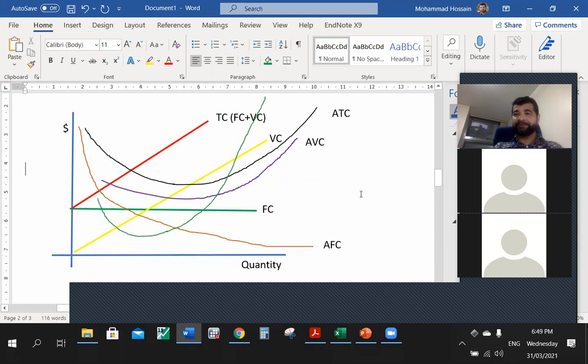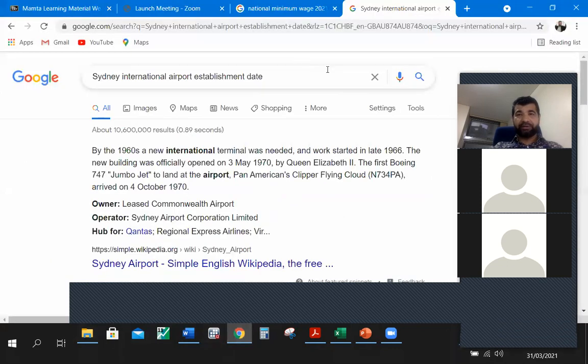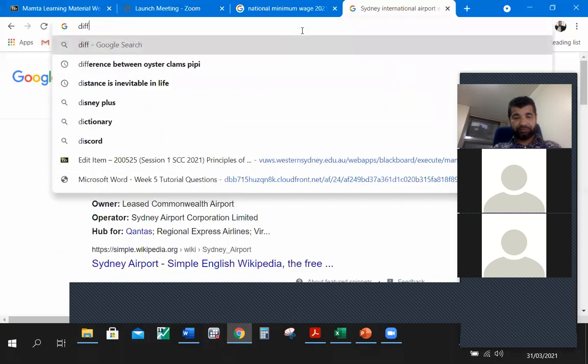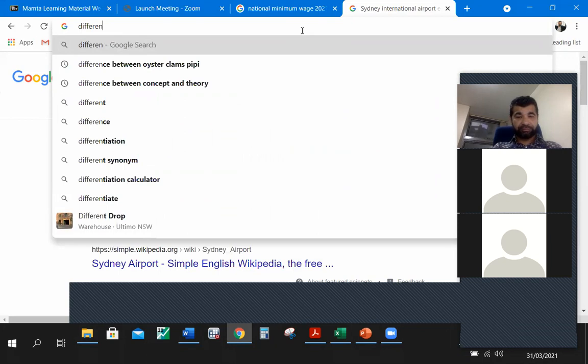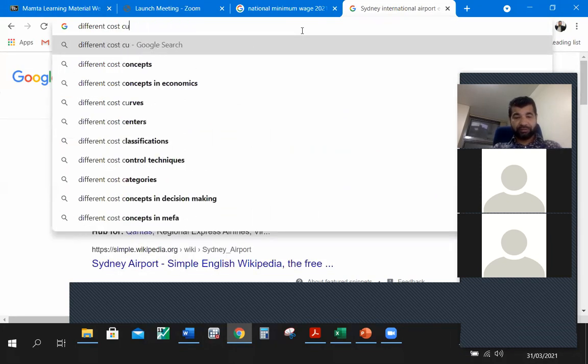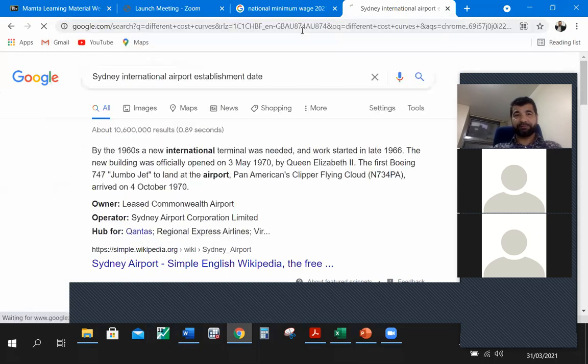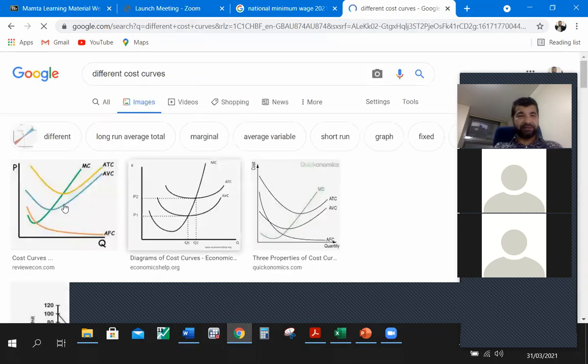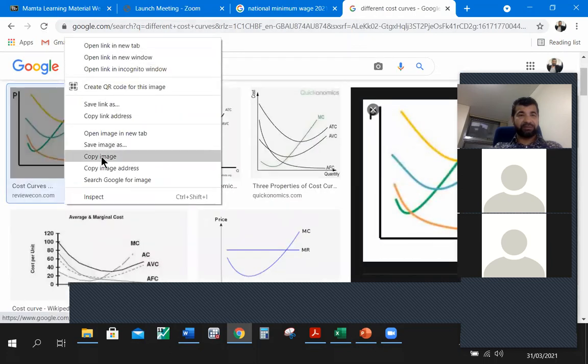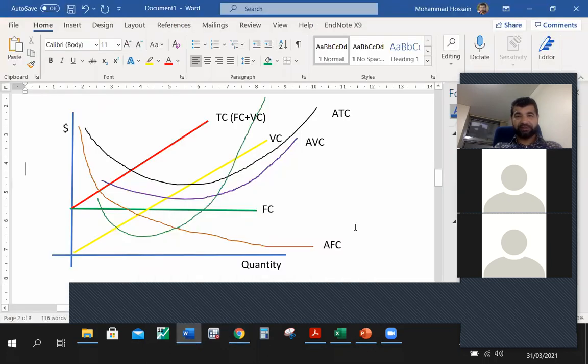Different cost curves are here. I can show you a good graph on this one. I can actually show you a better one. Different cost curves. Oh, here it is. See? So average fixed cost. Let me pick this one up. This one is nice. I like this one. This one is nice. Lovely.